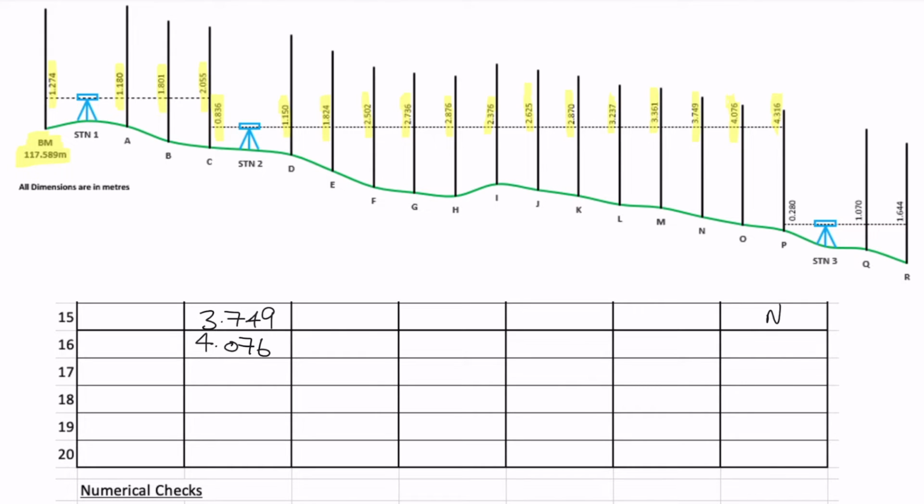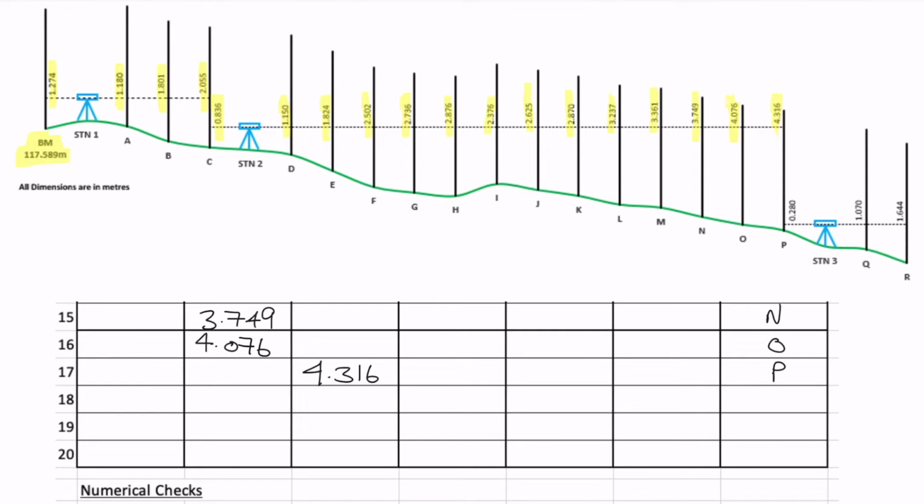Next point is point P. This is the last reading taken at station 2. Therefore, its value will be a foresight, 4.316.